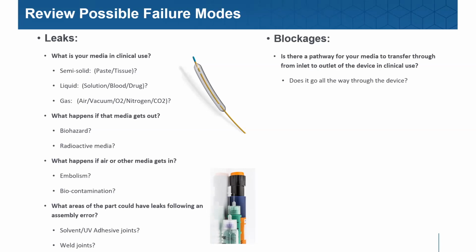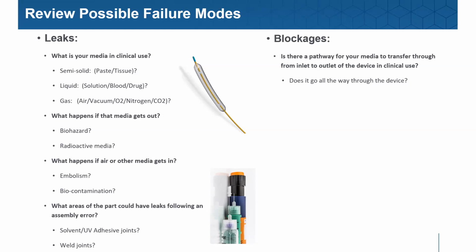So for example, if we're talking about an IV tubing set that's designed to go from an IV bag to the patient, well, of course, this is a tubing set that has an inlet and an outlet clearly, and is designed to simply transfer that media. The same thing with a blood transfer tubing set. Very straightforward.